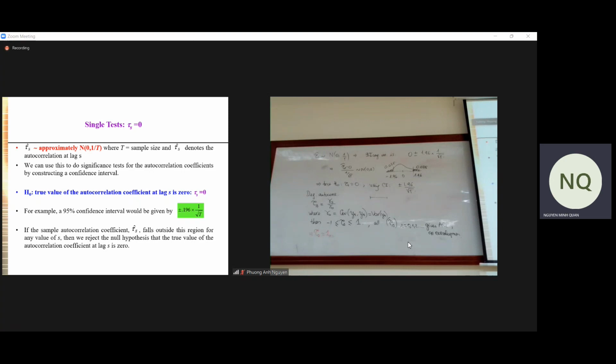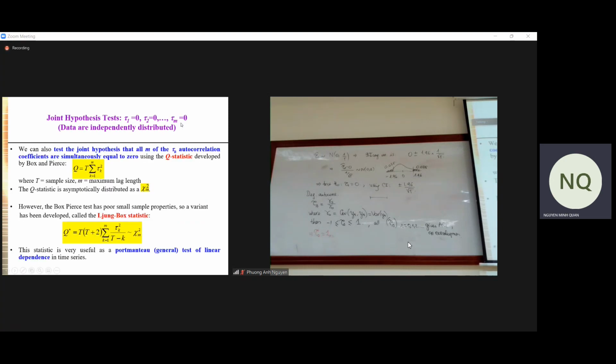How about the case when you have the joint test? Again, for the white noise process, all the tau are equal to 0 for s equal to 1, 2, 3, 4, 5. But often you want to look at the joint test to check whether all of them are equal to 0 for certain values of s.